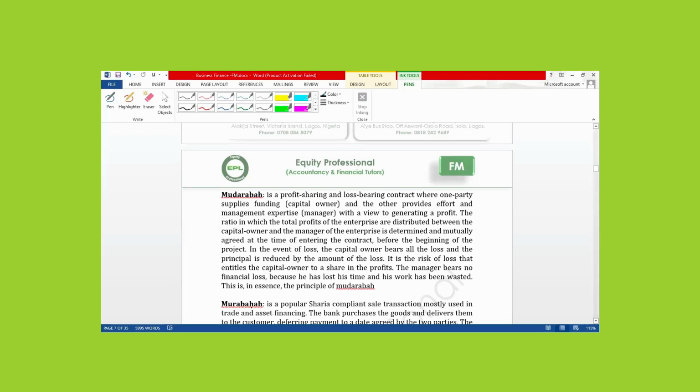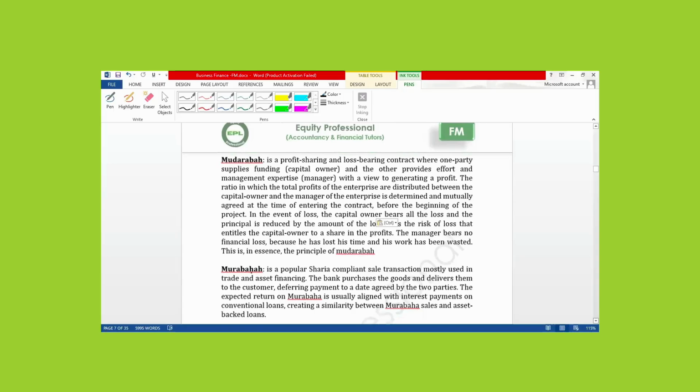All right, let's round up. Murabaha, in Islamic finance, is a popular Sharia compliant sales transaction, mostly used in trade and asset financing.